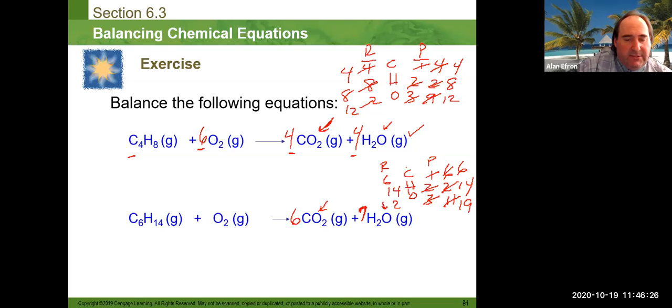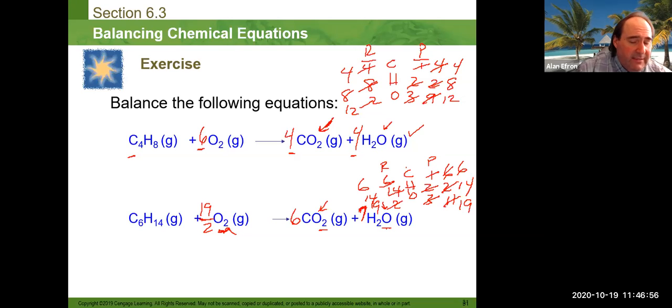And again, we're in that situation like we saw earlier: oxygen by itself in its natural form, and oxygen in a couple of things over here. So again, we're going to use a fraction to help us. 19, which is the number we're looking for, goes up on top. On the bottom should go a matching number to this guy, which would be 2. That gives me 6 carbons, 14 hydrogens, and 19 oxygens.